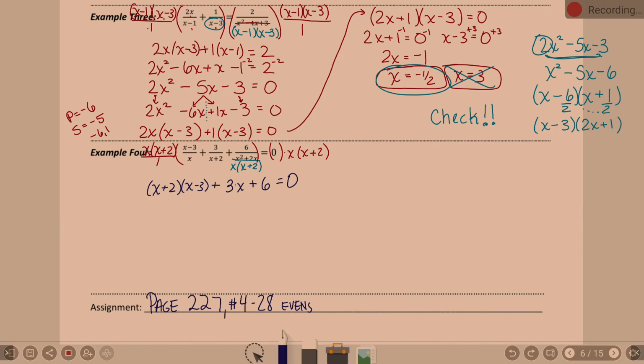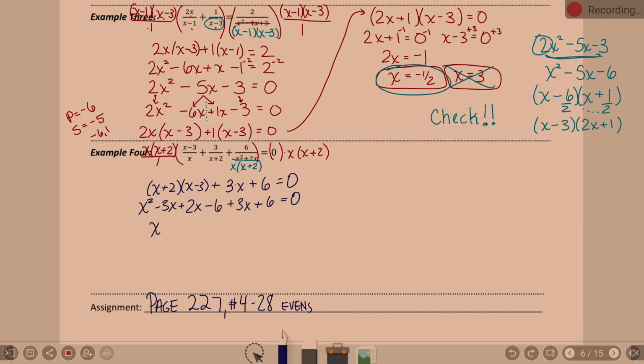Okay. What do I need to do with x plus 2 and x minus 3? FOIL, distribute, so x squared minus 3x plus 2x minus 6. Then I still have a plus 3x plus 6 equals 0. Clean it up.